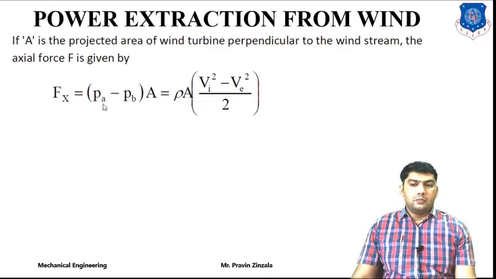So the equation of PA minus PB is equal to rho (Vi square minus V square) by 2. So the final force is equal to rho A (Vi square minus V square) by 2.